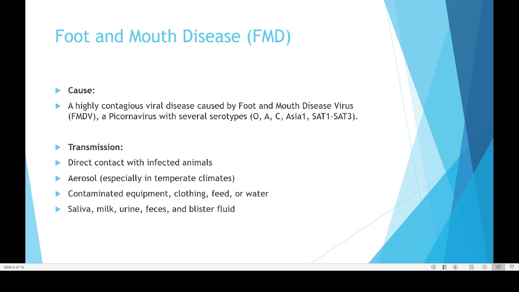Now, how is it being transmitted? One is direct contact with the infected animal. Then aerosol, meaning air droplets, for example from the nose, mouth, etc. Then any kind of contaminated equipment, clothing, etc. Then saliva, milk, urine, feces, and blister fluid.